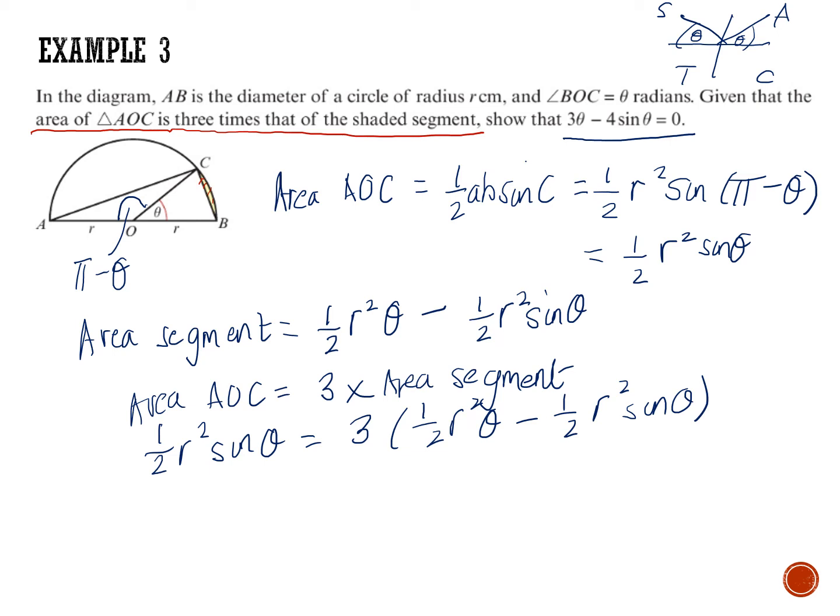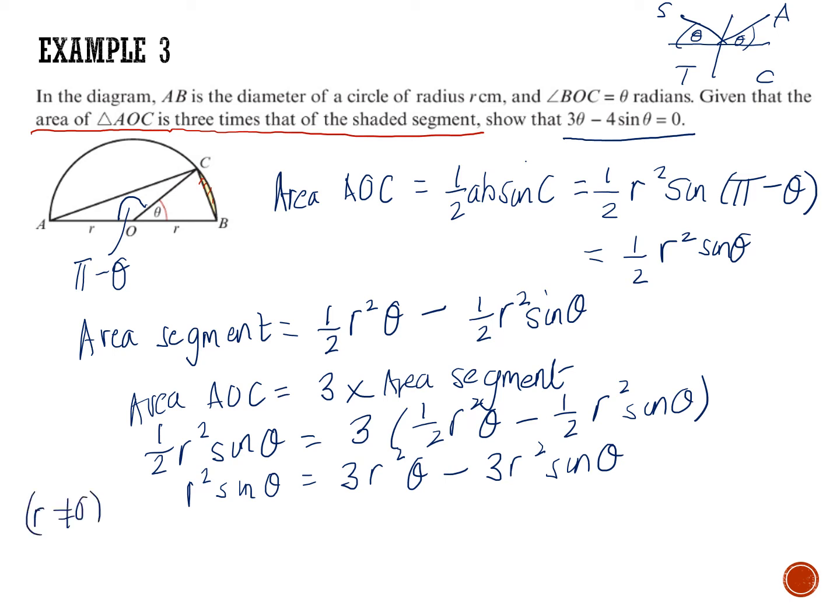has to equal 0, so we're going to pop everything over onto one side. Okay, might just double it first, that gets rid of these halves, so we get r squared sine theta, multiply out the brackets, 3r squared theta minus 3r squared sine theta. Now we can cancel out the r squareds, reason being r is not equal to 0.